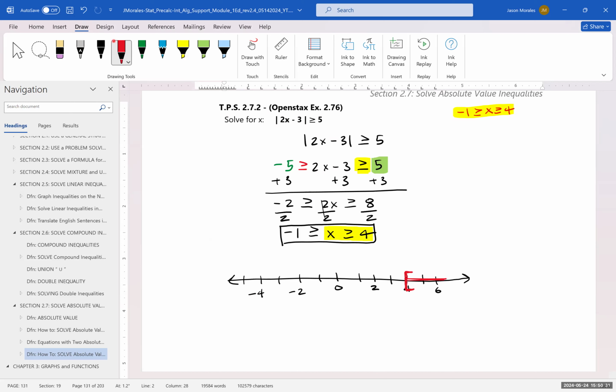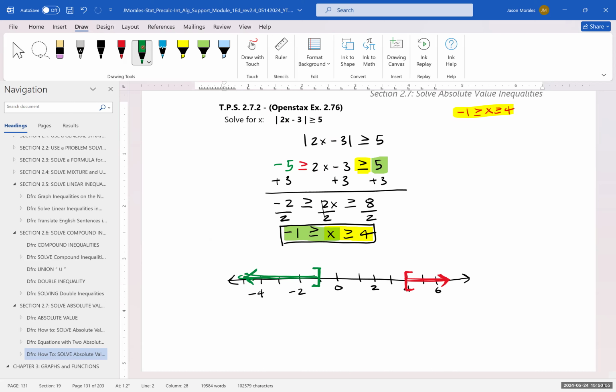So here at 4, and there's greater than. All right, and then we've got x less than or equal to negative 1. So here is negative 1, and x is less than or equal to negative 1.